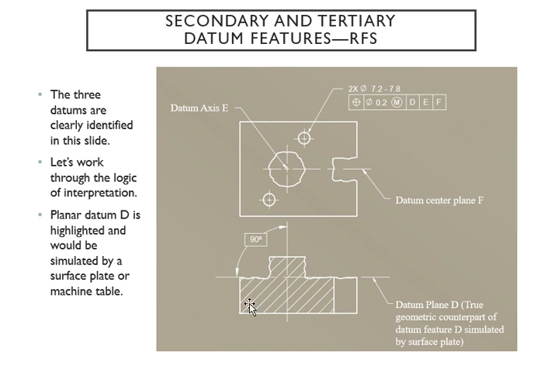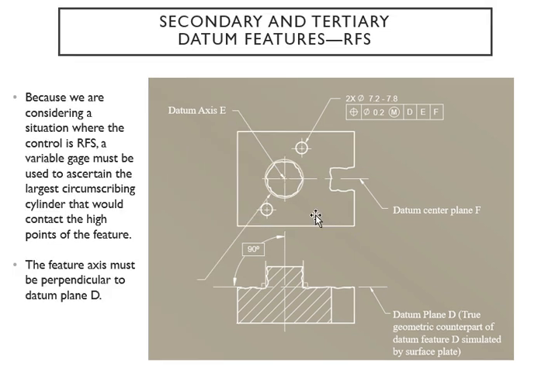These are the tools to establish that datum. Of course, that's your true geometric counterpart of your datum feature D. Surface plate or machine table is the physical thing to establish that datum plane over the imaginary plane D, so you can locate all the features from it or measure.